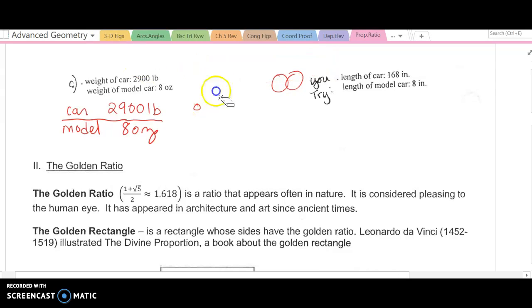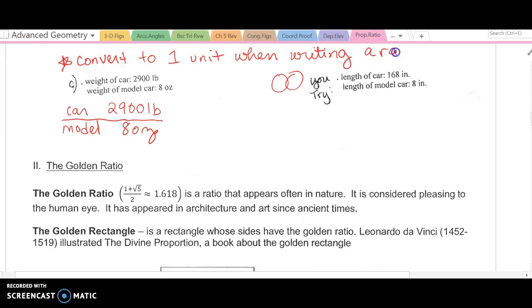So what we're going to do is convert the pounds to ounces. Remember, you can also convert ounces to pounds. It doesn't matter what unit you're in, but you need to convert to one unit when writing a ratio. Let's go ounces to pounds, because there's 16 ounces in a pound.